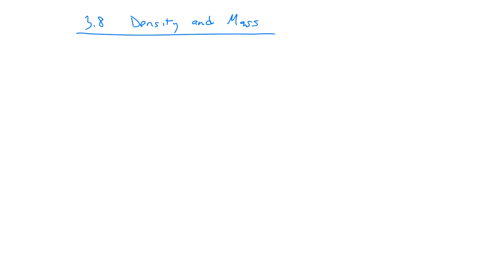So from Calc 2, if I give you a density, how do you get the mass? Or let's assume density is a constant. If density is a constant, how do I get mass? Right, so then there's the fuller answer. So if it's a constant, mass is equal to volume times density.